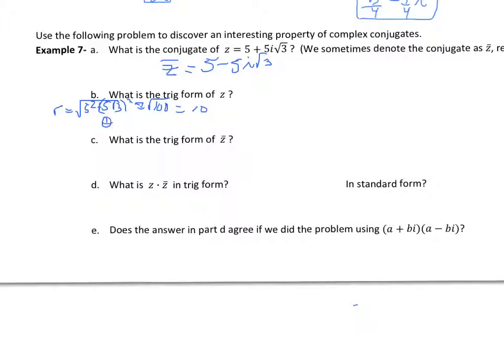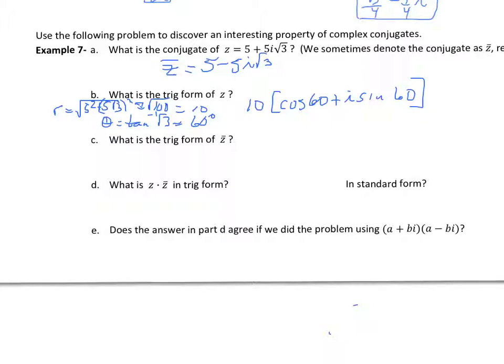Then theta is the arctangent of 5 root 3 over 5, or the arctangent of root 3, which is, we're in degrees, come on, people, 60 degrees. We just did it. So then the trig form is 10 times the cosine of 60 plus i sine 60.